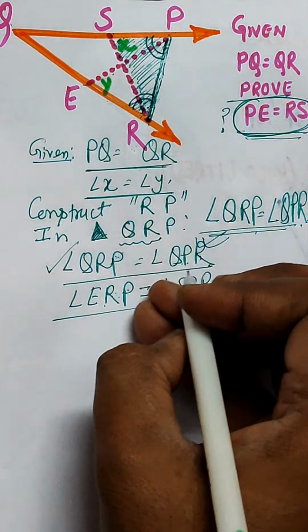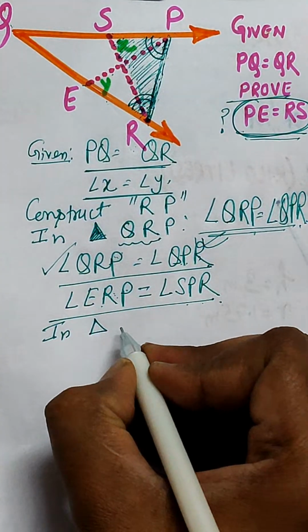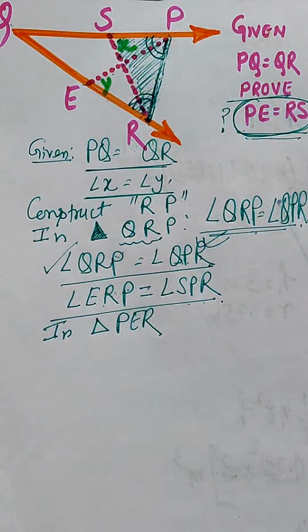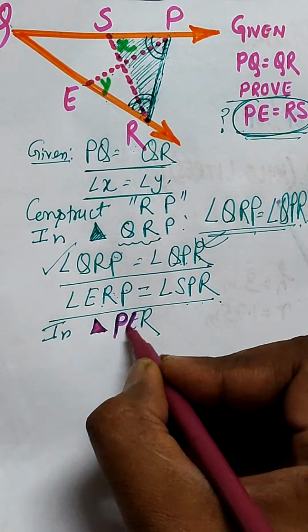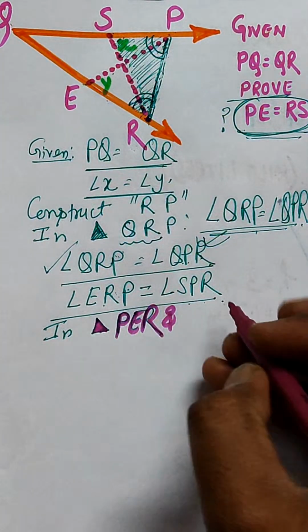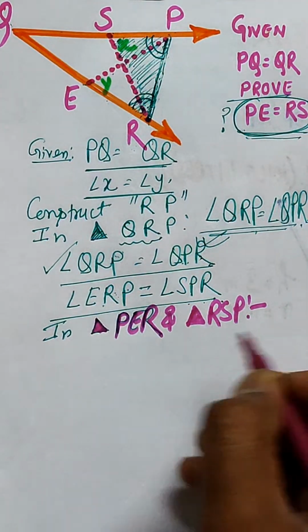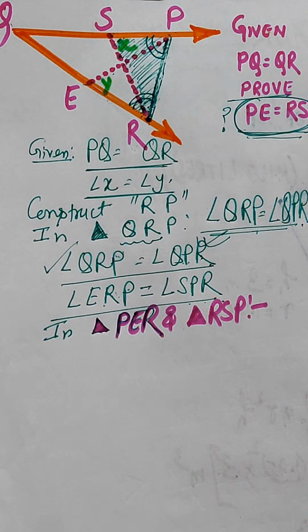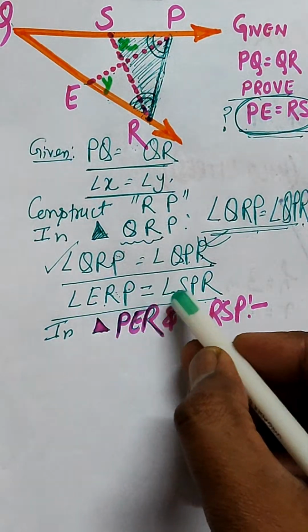So we can write in triangle PER and triangle RSP, what is happening? In both these triangles, you can see angle ERP equal to SPR.